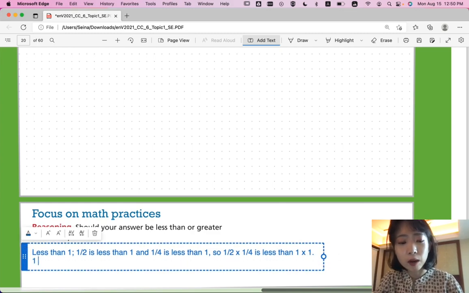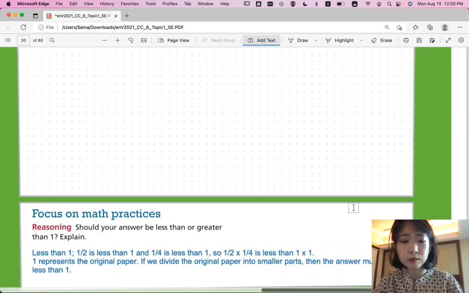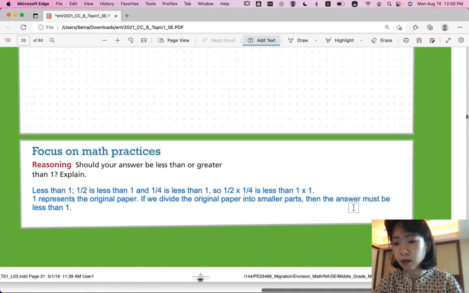And we know that 1 represents the original paper. If we divide the original paper into smaller parts, then the answer must be less than 1. Okay?